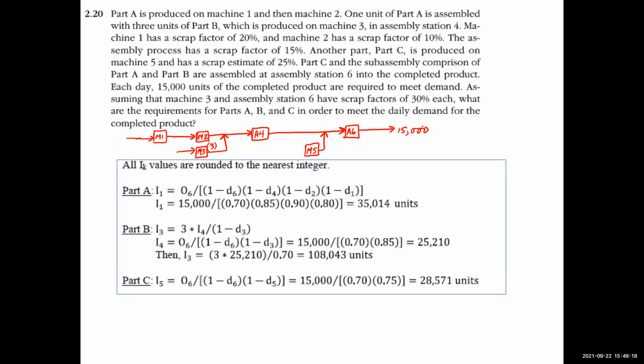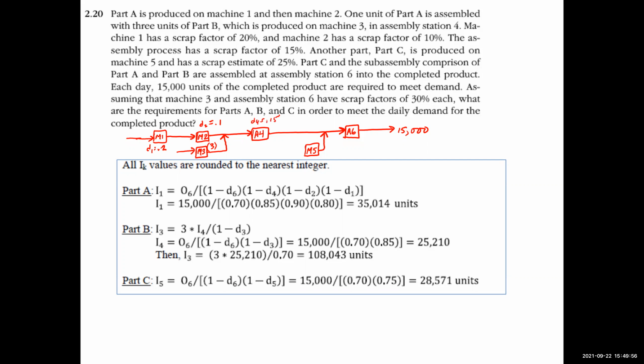So machine 1 has a scrap factor of 20%. So D1 is 0.2. Machine 2 has a scrap factor of 10%. So D2 is 0.1. The assembly process has a scrap factor of 15%. So D4 equals 0.15.